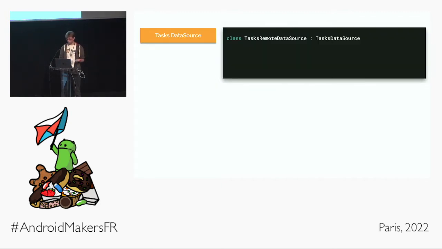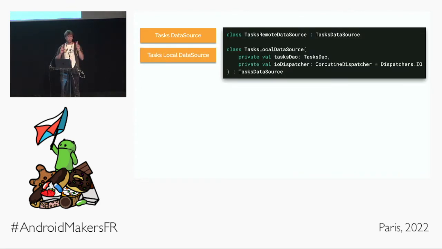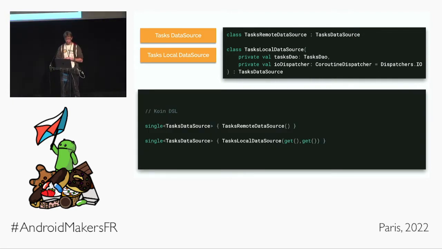We have a first data source, the task data source type. We can declare it with just a single of the target type with the constructor of TaskRemoteDataSource. Nothing fancy here. If we have two data sources of the same type, two different implementations, we have to declare the two components.